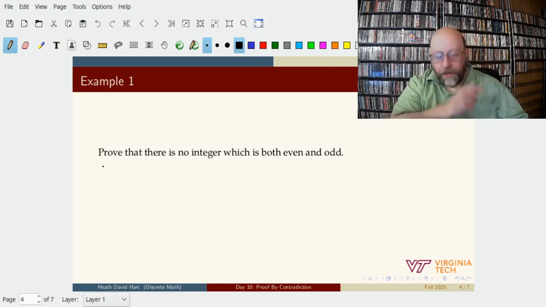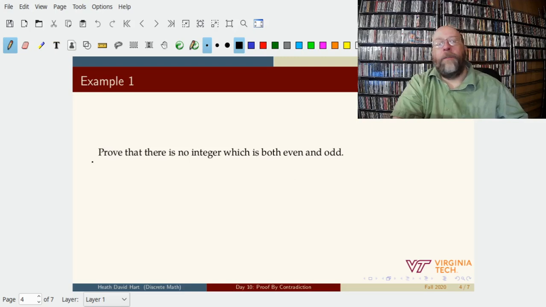We tend to let the reader know that what we're arguing is sort of an argument based on nonsense. We're doing a contradiction argument, which means we are assuming something false to show that that false assumption leads to a contradiction. And so we sometimes say we are going to prove this by contradiction, or the following is a proof by contradiction, or assume in order to reach a contradiction that.